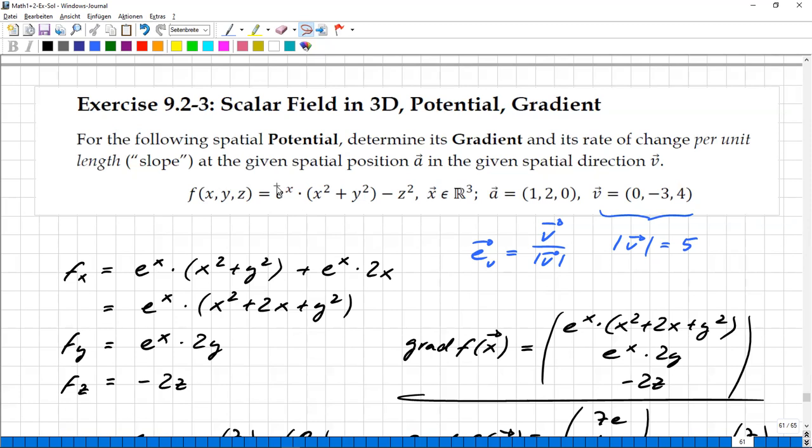So it just stays there, e power x. And then I take the derivative of this one, of course, for y this time. Additive constant vanishes, y squared gets differentiated to be 2 times y. And still, this is an additive constant, disappears. Done. And thirdly, even more funny, perhaps, but interesting to learn about it, the partial derivative with respect to z must be simply negative 2z.